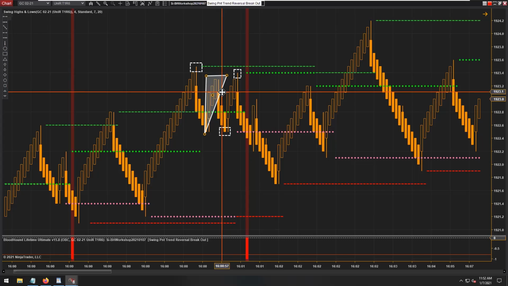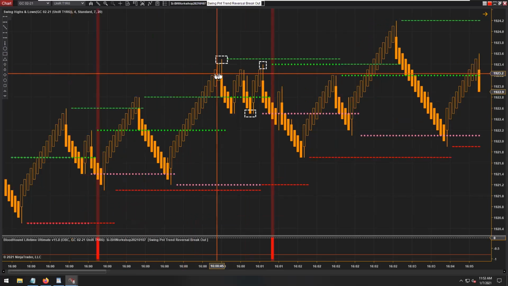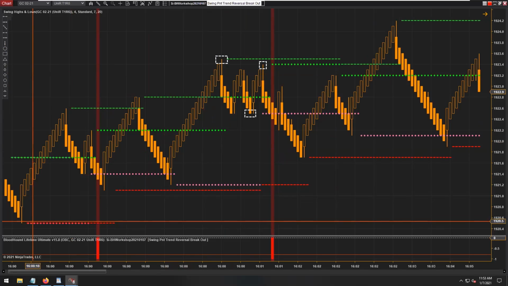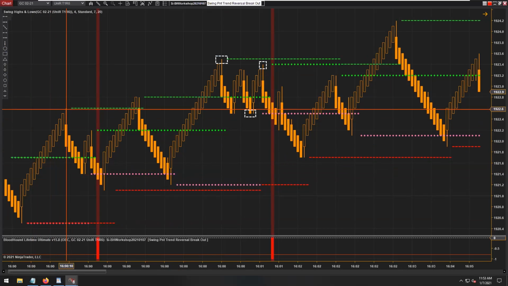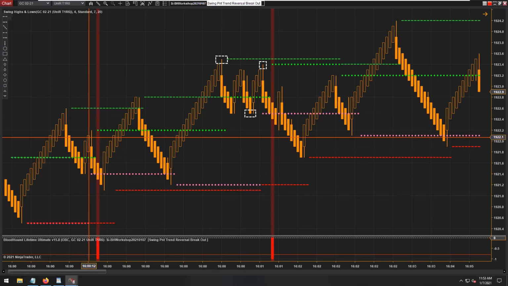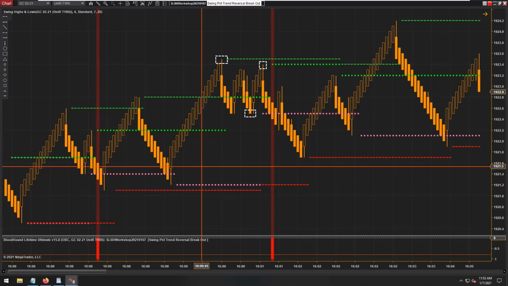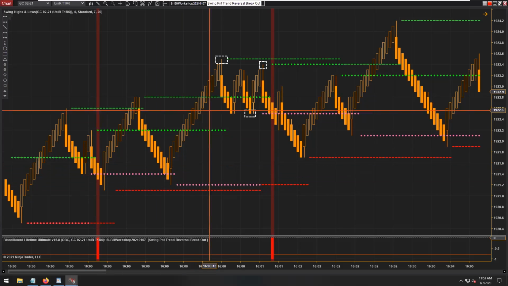So if you're building some other system, it's your indicators identifying the conditions for you or for BloodHound that's critical to get set up correctly. Otherwise, your BloodHound signals aren't going to work correctly either. So again, a higher high, a higher low, a lower high, and a crossover. Bingo. There we have it.